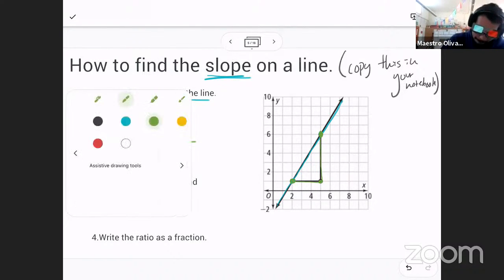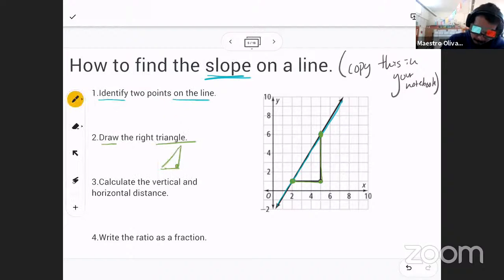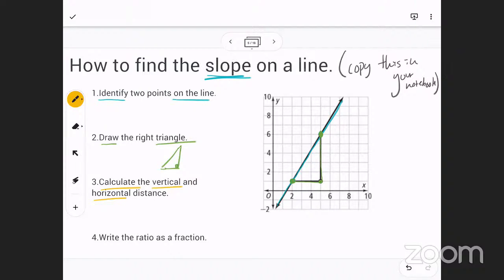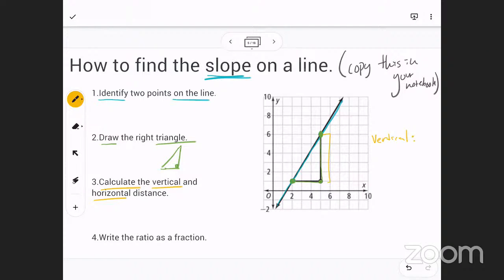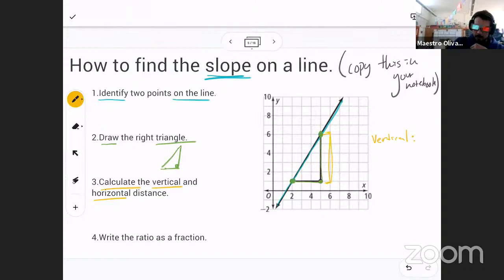Third step. Calculate the vertical and horizontal distance. Remember, vertical is up, down, and horizontal is side to side. Ricky, are you there? What is your vertical distance? My vertical is this. How many little squares do we have here? Hold on, let's see. 5.